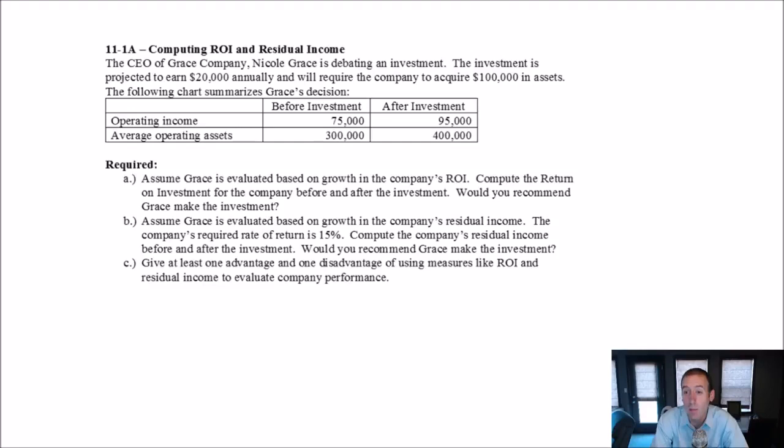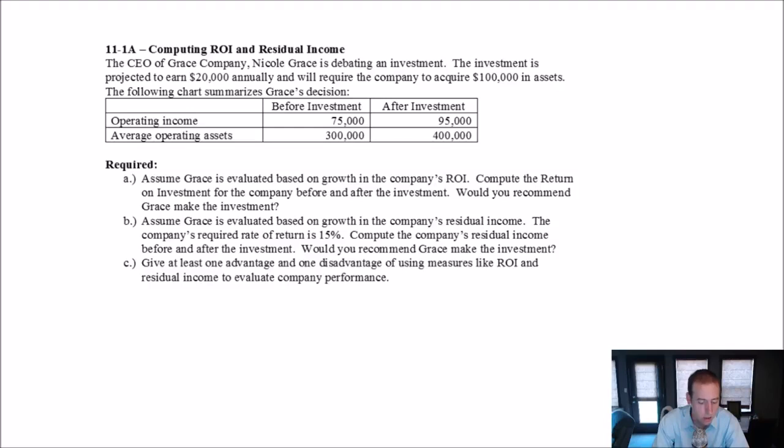Let's examine problem 11.1a, computing ROI and residual income. The CEO of Grace Company, Nicole Grace, is debating an investment. The investment is projected to earn $20,000 annually and will require the company to acquire $100,000 in assets.